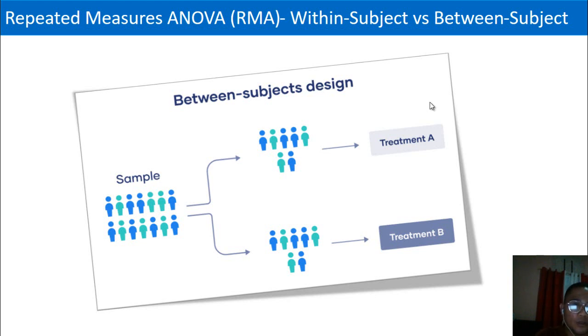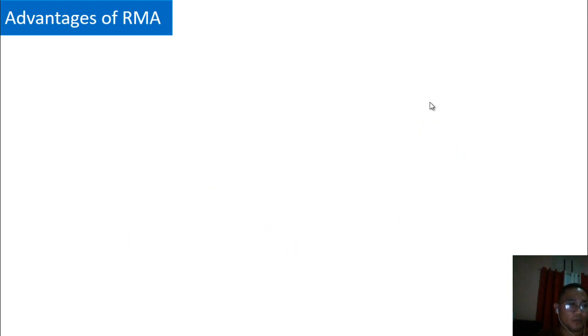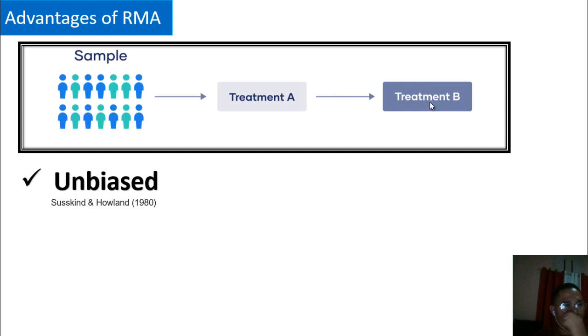So there are advantages when you are using the repeated measures ANOVA. The first is, according to Soskin and Holland, it is unbiased. Although you are only having one group, you don't need to test that group in pre-test and post-test alone, because that will give you a bias, of course, because there is no point of comparison.